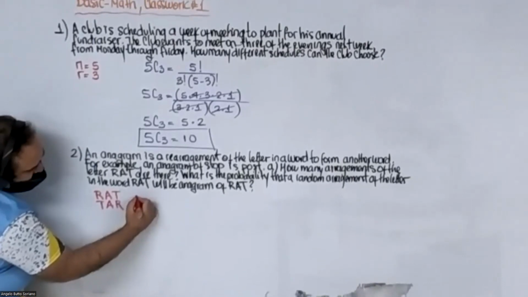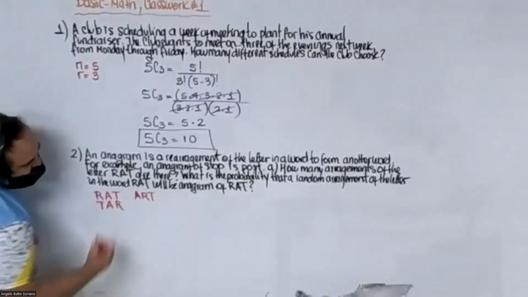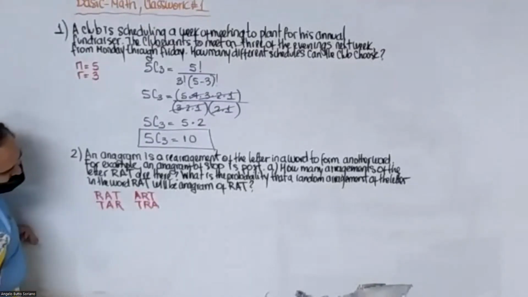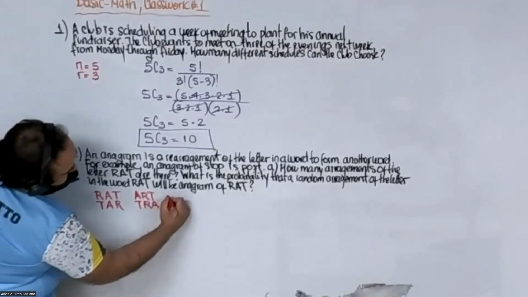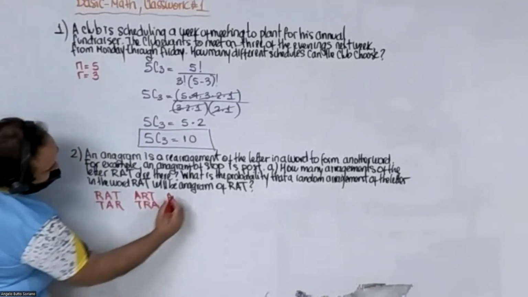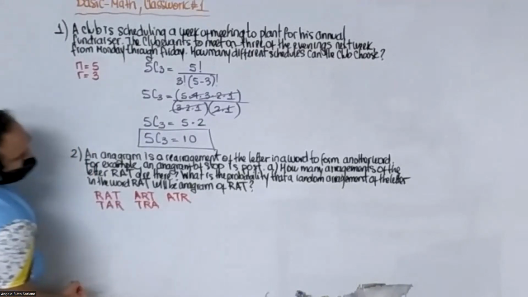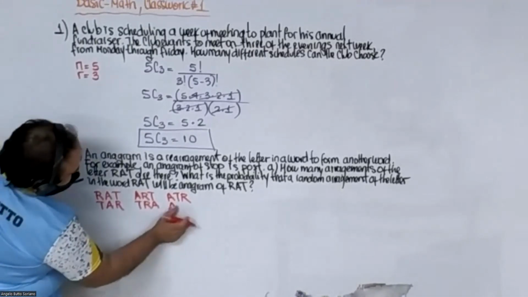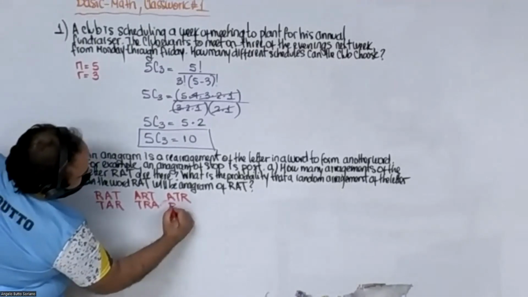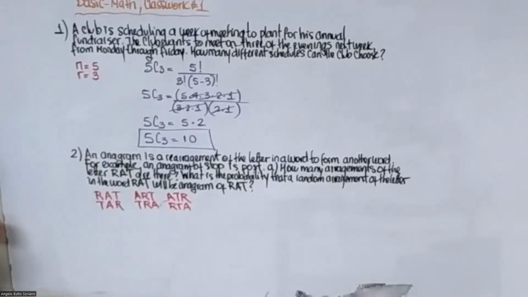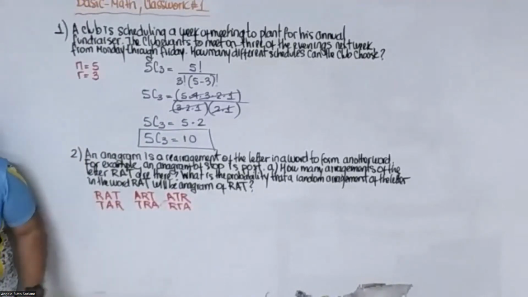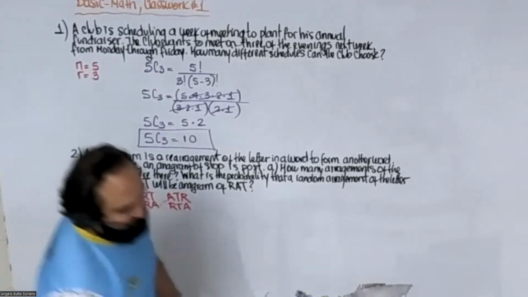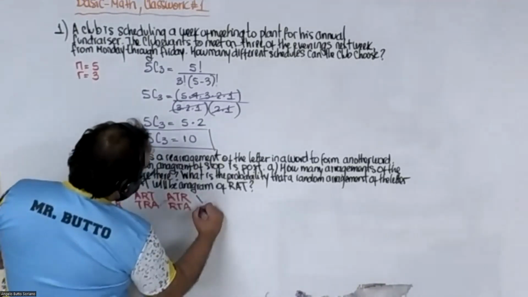Art. Tra. A-T-R. R-T-A. As you can see, my dear students, how many arrangements do we have? That will be six, right? The number of arrangements will be six.